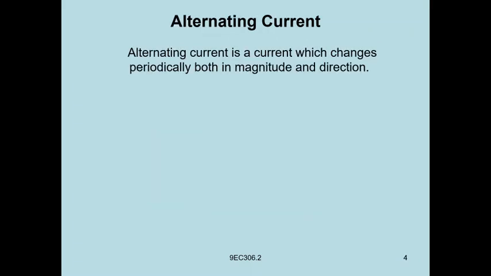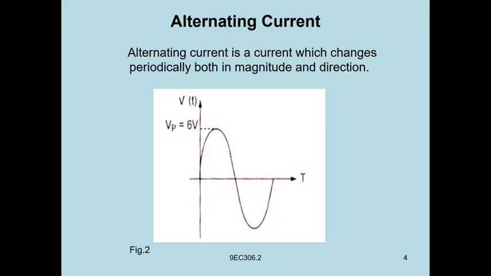Alternating current. Alternating current is a current which changes periodically both in magnitude and direction. This is the figure. It's an alternating current. It is also called a sinusoidal wave. Here the time is going on increasing.